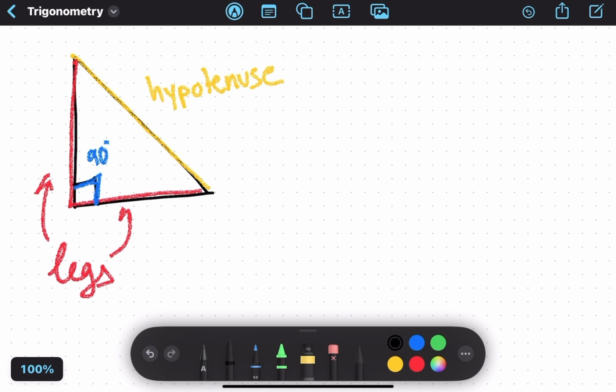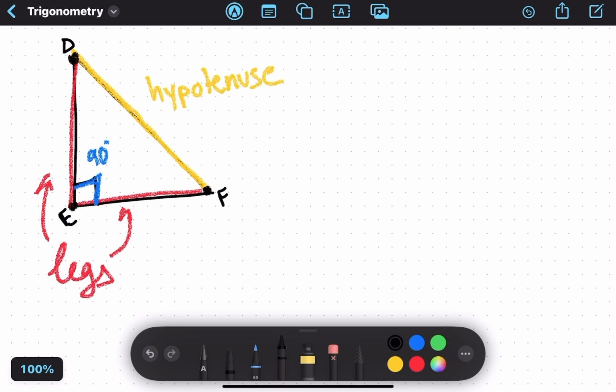Now, about these legs, when we focus on a point, let's say we labeled this right triangle DEF, triangle DEF. This yellow line, the hypotenuse, will always be the hypotenuse to F and E and D, no matter which point on this triangle you're thinking from.